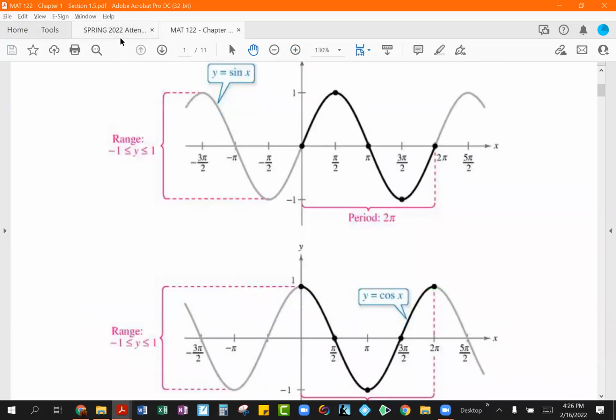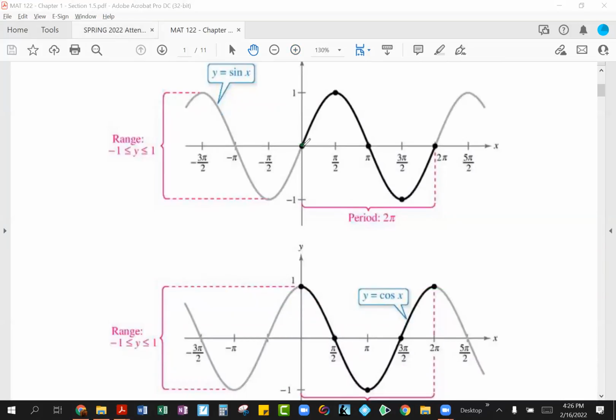If you look at the sine function, here is the origin. The idea is, if you were to try and look at the distance from the origin, let's pick this point over here and this point over here. If you try to calculate the distance between the origin and the point on the bottom and the origin and the point on the top, this distance is going to be the same as this distance over here.